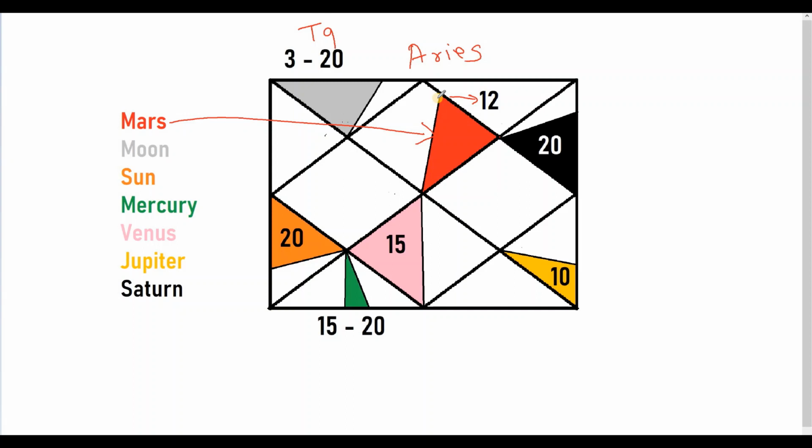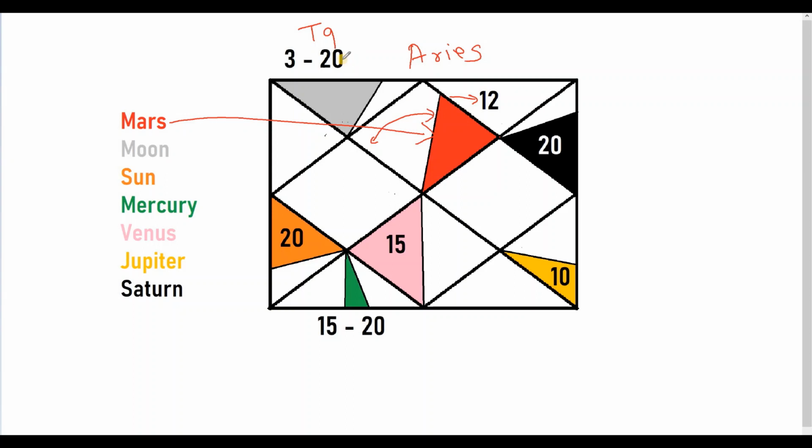From 0 to 12 degree, that is the area which is described in all the classics as the Mool Trikon area for Mars. The rest of the sign of Aries, from 12 degree till 30 degree, is described as the own sign of Mars.